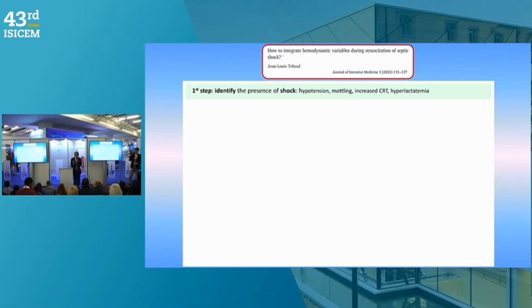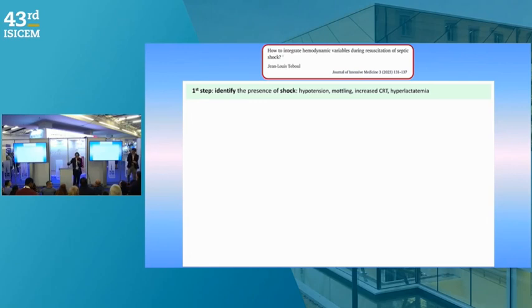First, the first step is to identify shock, the presence of shock. The usual signs are hypotension, or mottling, and now you can score the mottling, and you can have some different scores of severity. Increased capillary fill time.